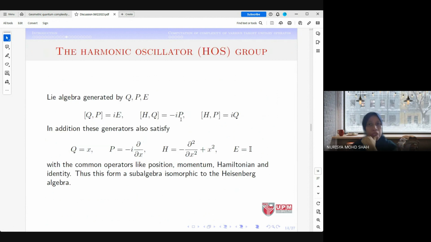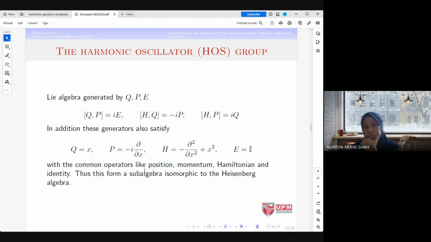All right. So from the paper, they start with the harmonic oscillator group. This is generated by 3 elements, Q, P, E. So they have this commutative algebra 1, 2, 3, and additions. This harmonic oscillator group also can satisfy the following in terms of X and differential form with the identity operator.